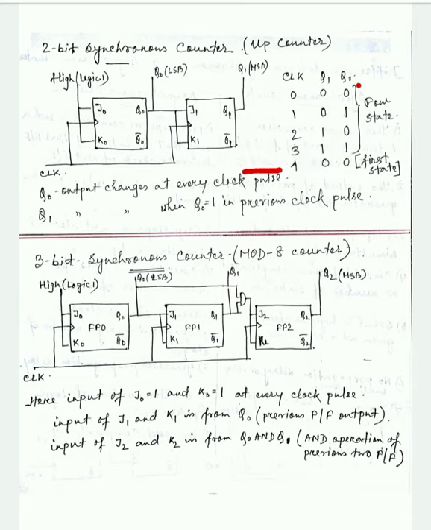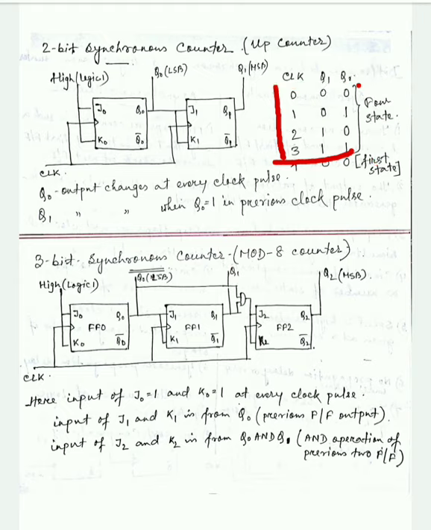Okay, in the fourth clock pulse, you see that Q1 and Q0 again become 0 0. So 0 0 means its first state. If we apply a clock pulse again, it gives us the next state.